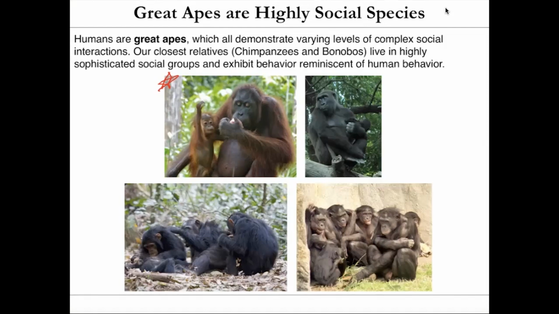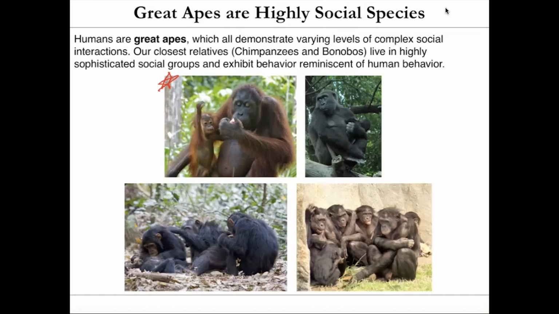They also, unlike gorillas, which basically just sit around munching on vegetation all day, have to be able to coordinate and hunt for food. And these are male dominated groups, and there's a linear dominance hierarchy. So one male will be dominant over another male, who will be dominant over another male, and so forth.